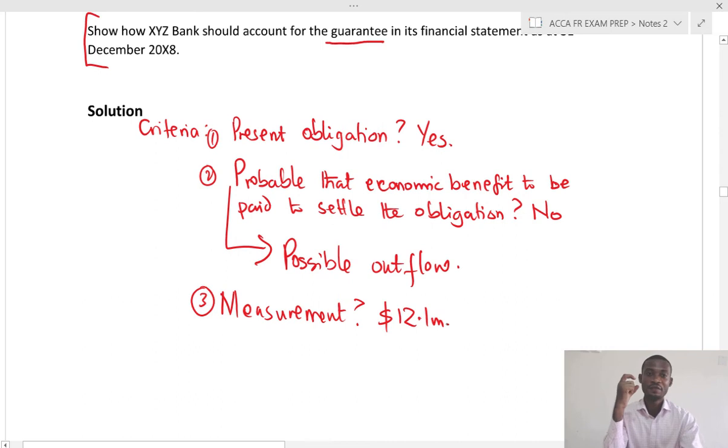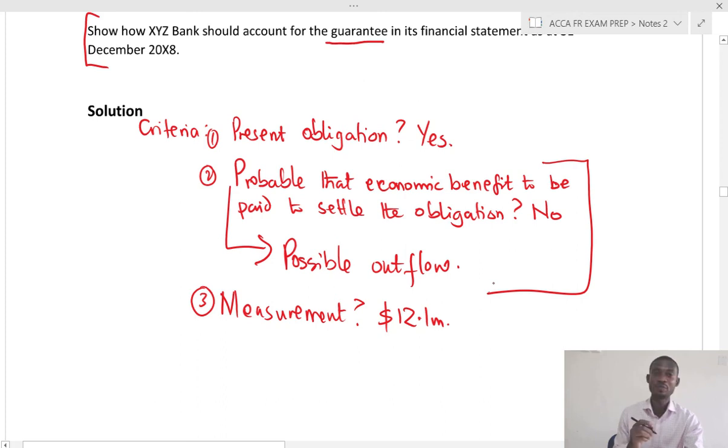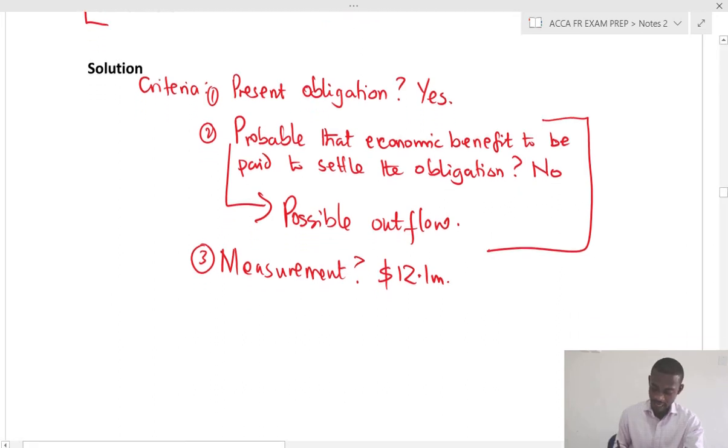So before we can recognize this as a provision, there should be obligation, it should be probable there will be an outflow, and we can reliably estimate the cost. We know the cost, we know there is an obligation, but because it is not probable, we say that there is a contingent liability.